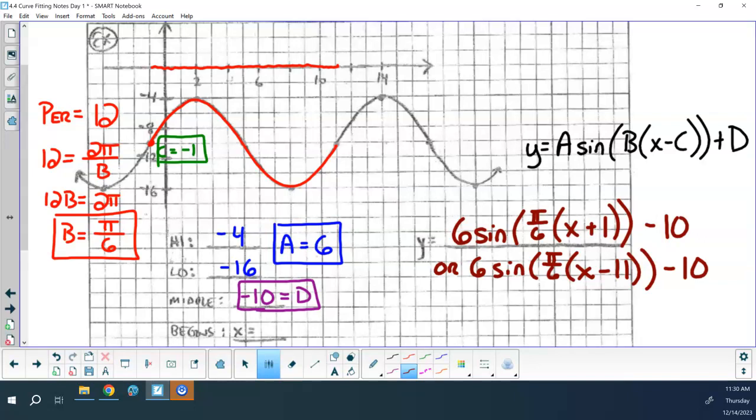Yes or no? Give me another chance. Yeah, because where's that one starting? Starting right here, isn't it? And going through like that, right? Would this one work?